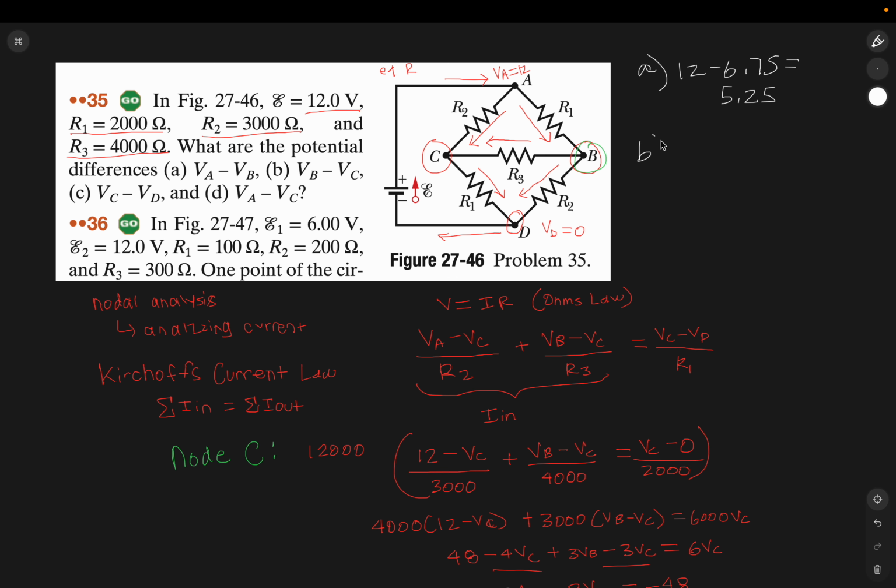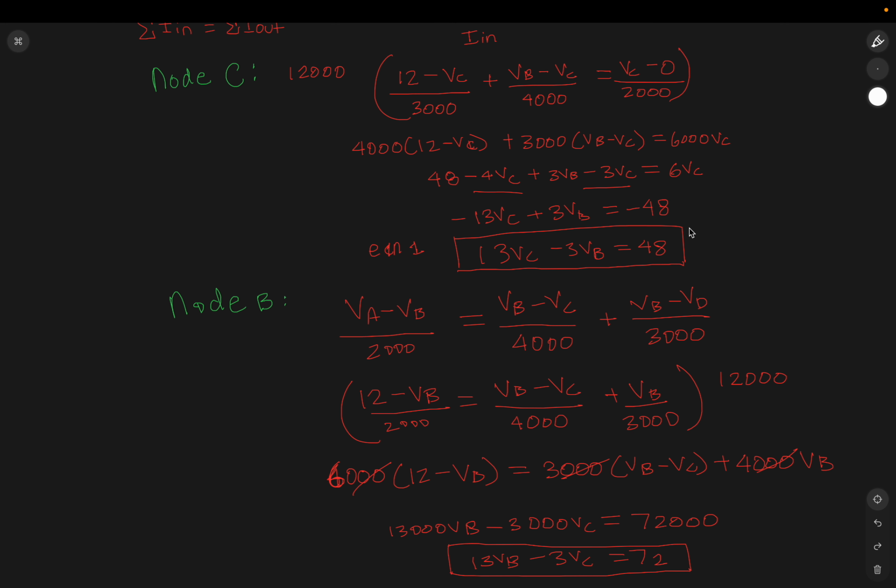For part B, we're going to do 6.75 minus 5.25, which would be our VB minus VC, and we get 1.50. Remember, units. And for part C, we're getting VC minus VD. So VC was, what, 6.7?